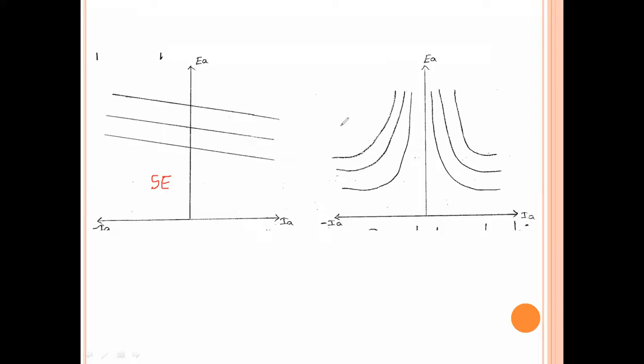For the separately excited DC motor, the torque speed characteristics are very much linear, and for the series excited DC motor, they are parabolic, because in the series motor torque and speed have a quadratic relation. So these are the speed torque characteristics.